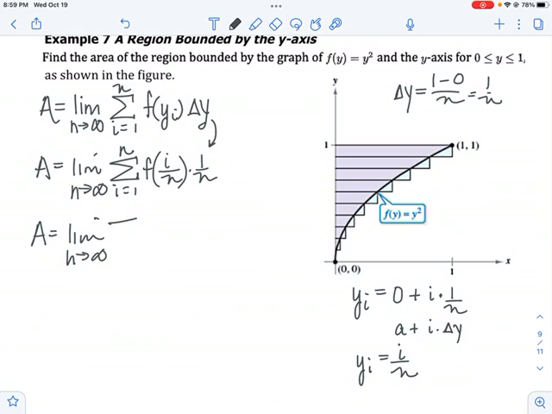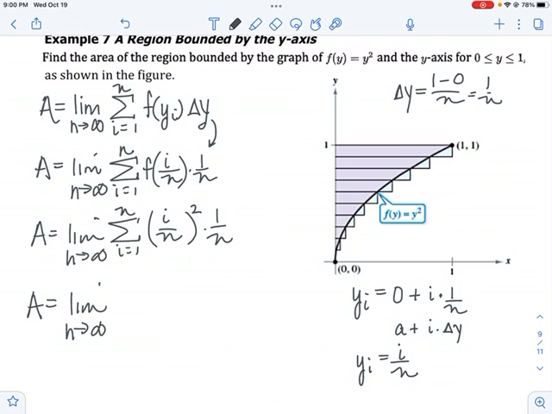So we get the area is equal to the limit as n approaches infinity of the summation from i equals 1 to n. The function is y squared, so f of y sub i is going to be i over n squared times 1 over n.